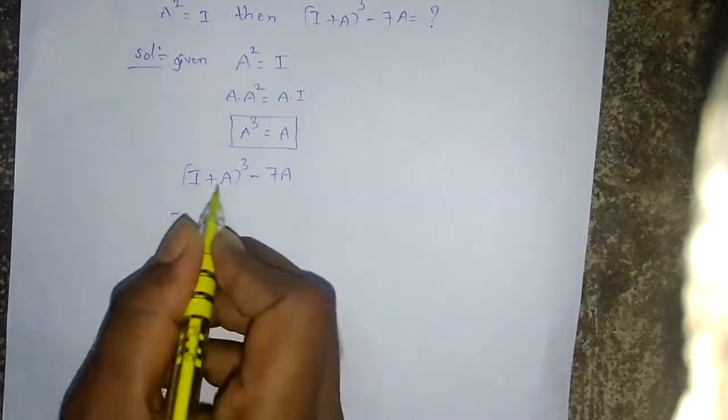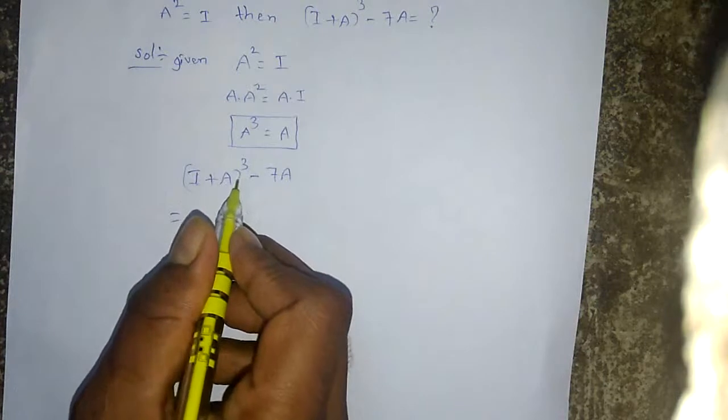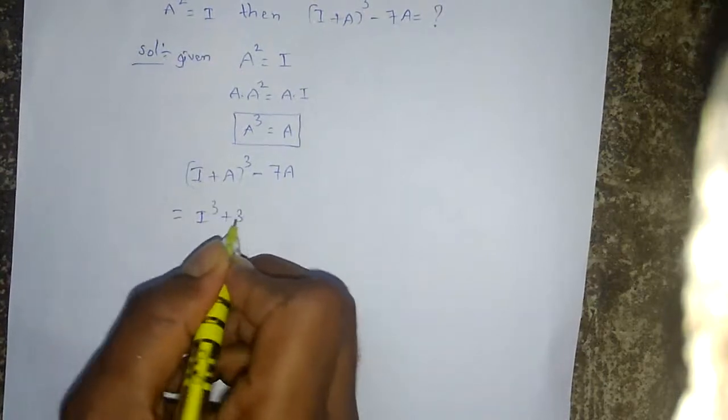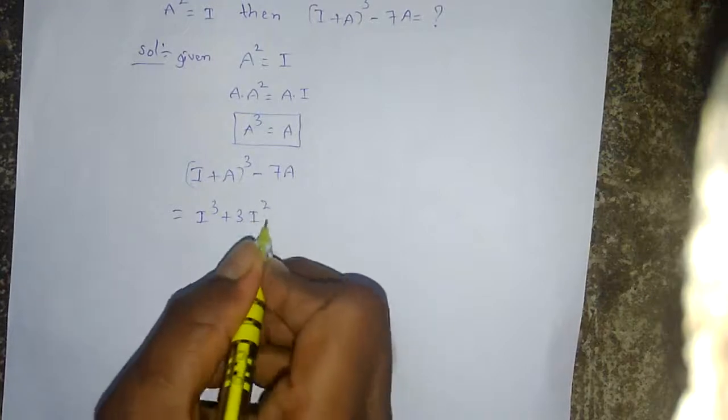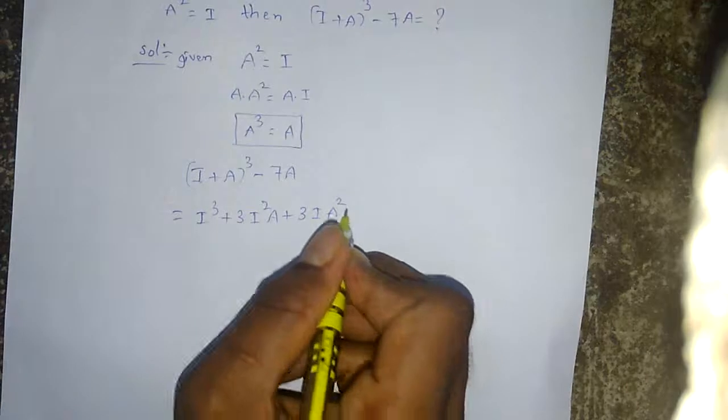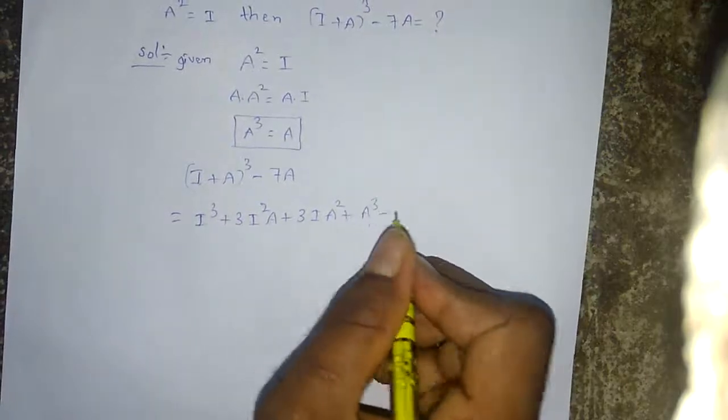Here I plus A whole cube means you can apply the A plus B whole cube formula, that is I cube plus 3I square A plus 3IA square plus A cube minus 7A.